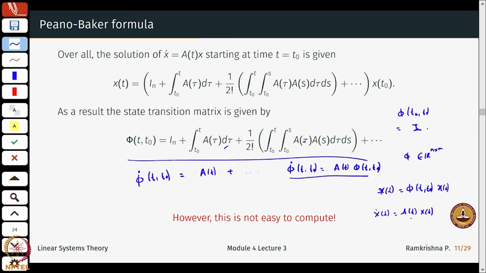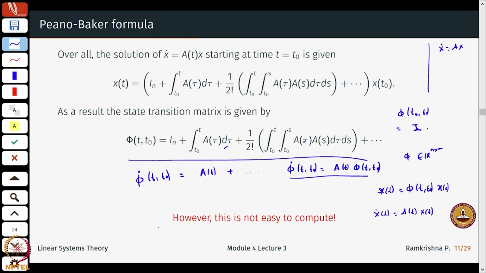Now, you can write this entirely for the LTI case, x dot equal to A x, and just do the substitutions. I will possibly skip those, and you can just verify how this Peano-Baker formula holds for the LTI case.